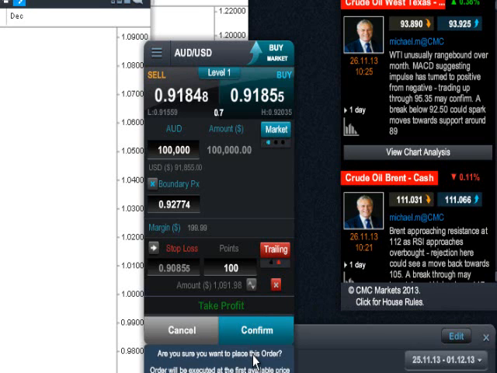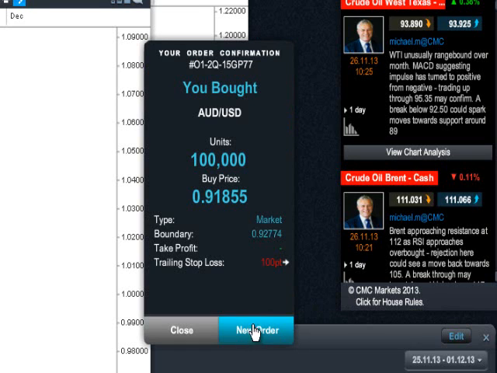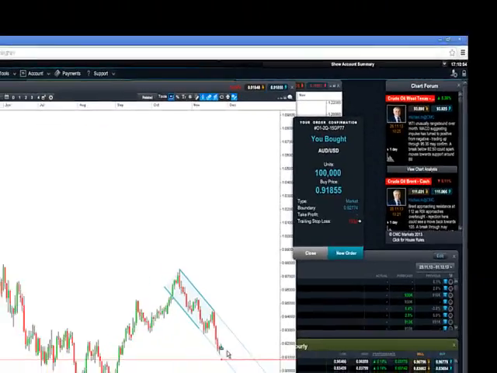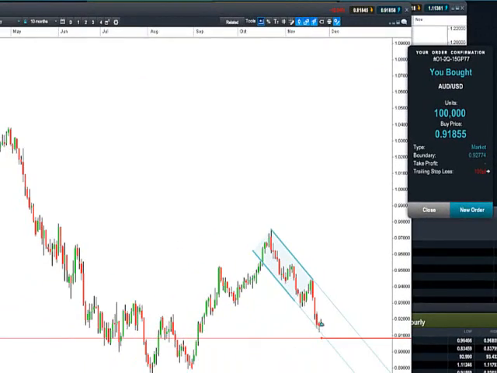So now I simply confirm that order, and the order is placed, and as you can see now, the chart shows me where I bought and where my stop loss is placed, which in this case is just under the channel support.